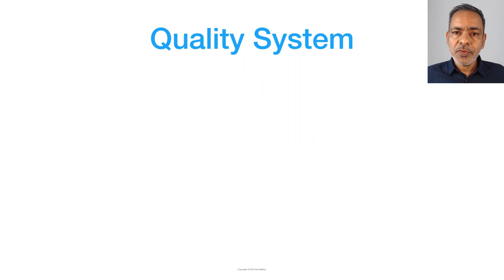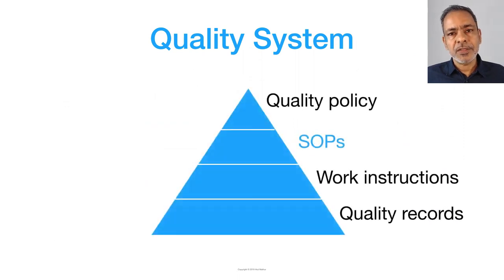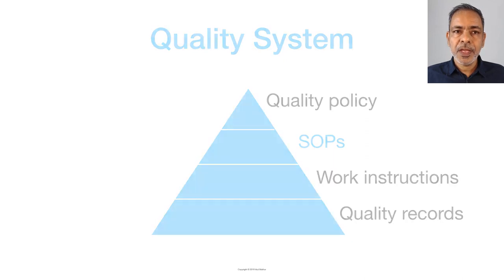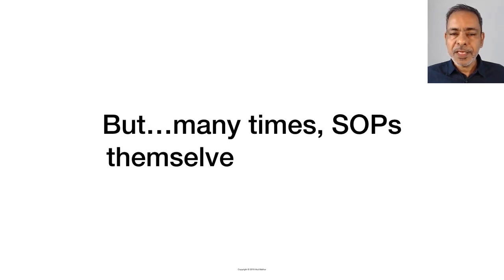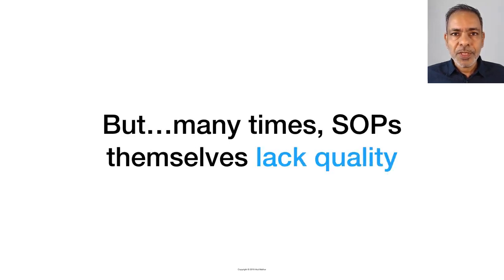And these SOPs form one of the pillars of the organization's quality system. But paradoxically, many times SOPs themselves lack quality. Yes, the very document that is supposed to drive quality itself suffers from quality problems.